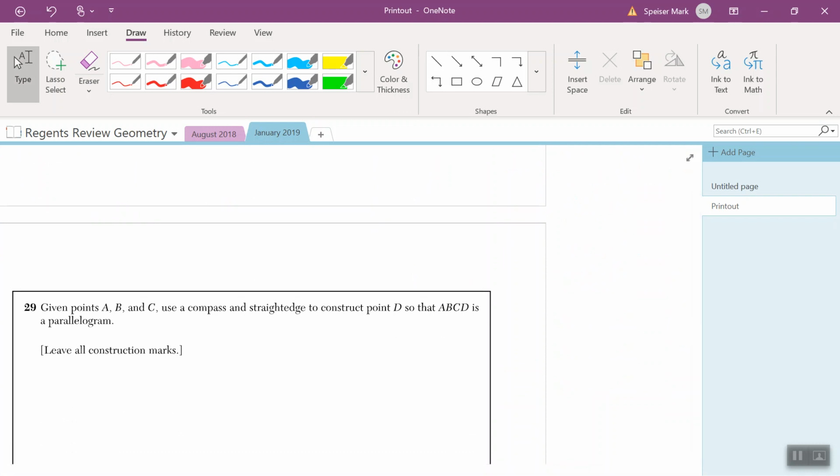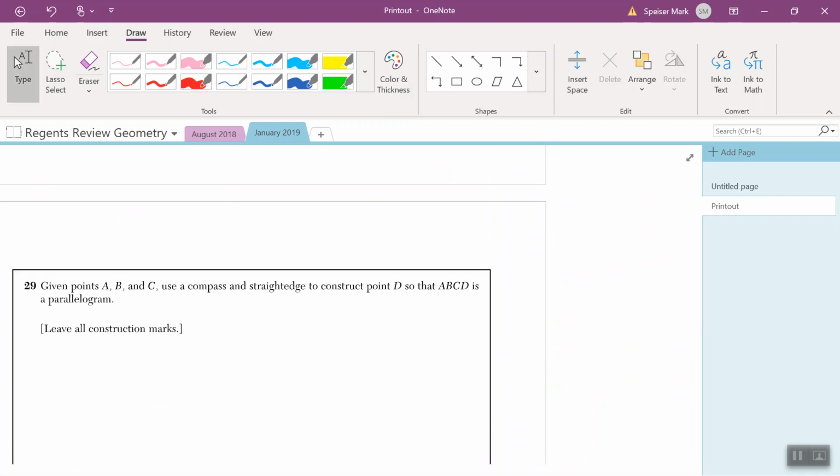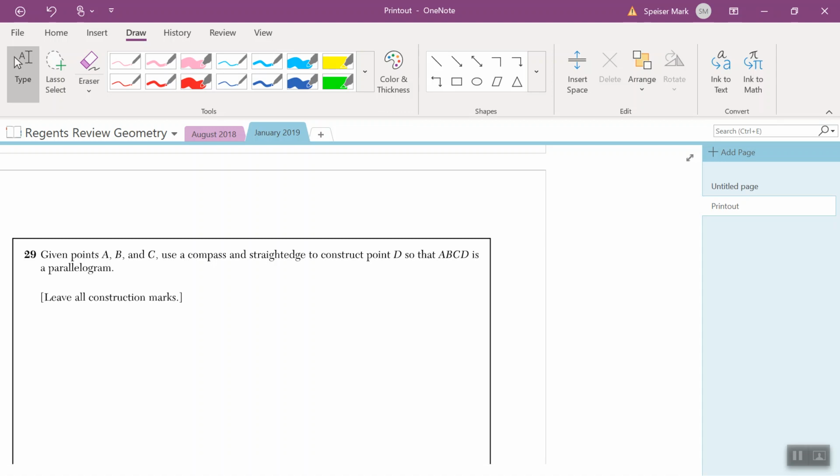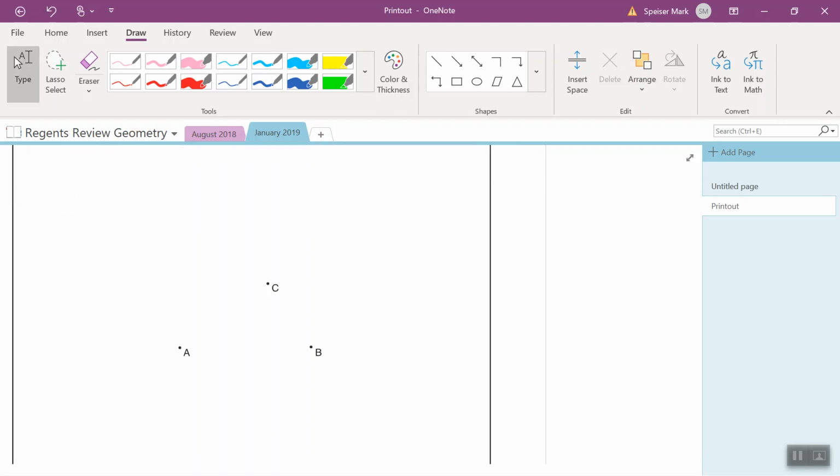Given points A, B, and C, use a compass and straightedge to construct point D so that ABCD is a parallelogram. So let's use these 3 points to construct a parallelogram.